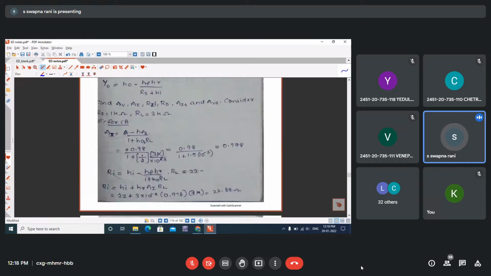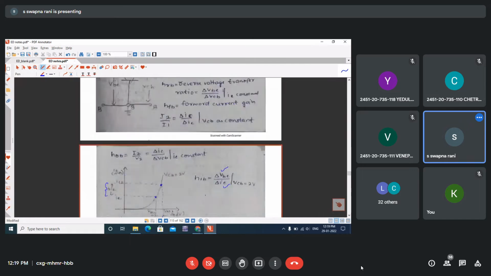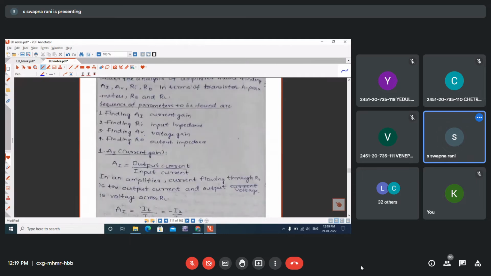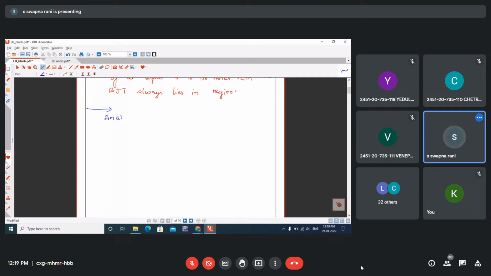And we have compared all the three amplifiers. Remember one point here: we have done the analysis of the amplifier using the exact model.